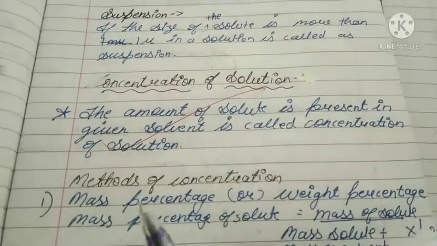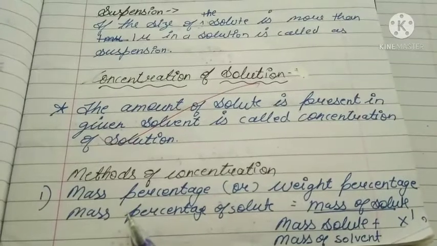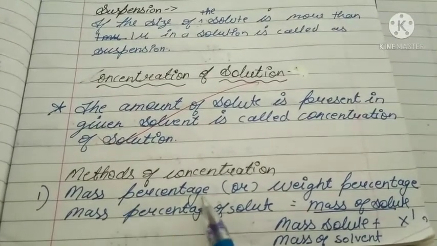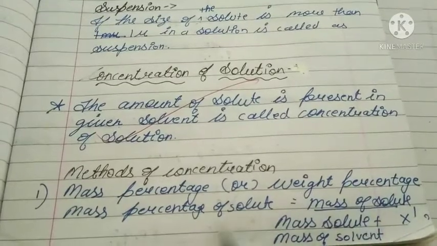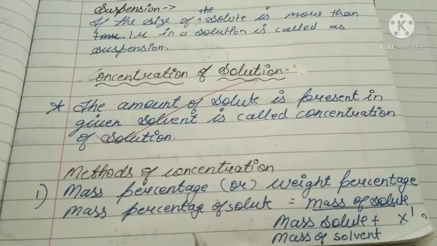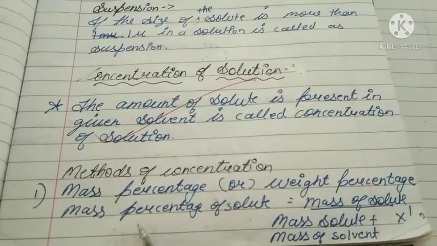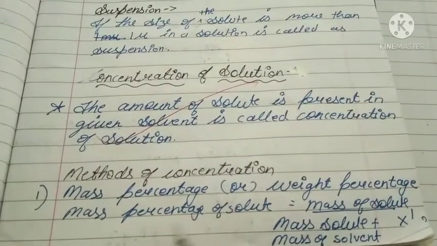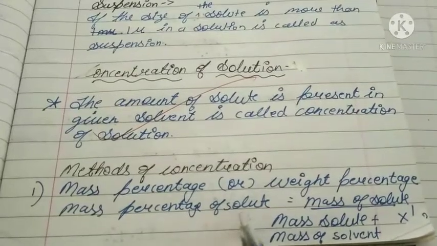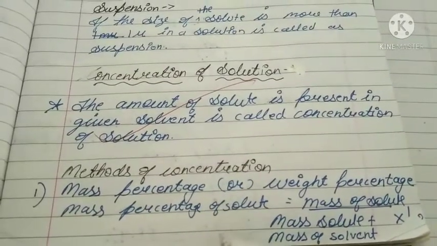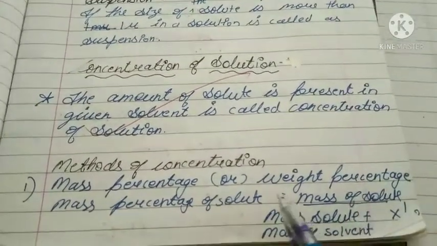Here some concentrations are there. The first one is mass percentage or weight percentage. For example, I will tell the formula, then you will get an idea. Mass percentage of solute is equal to what?